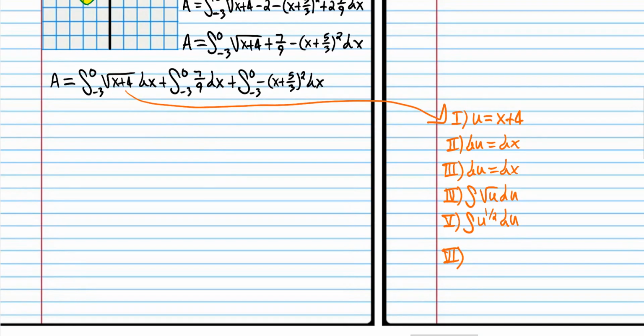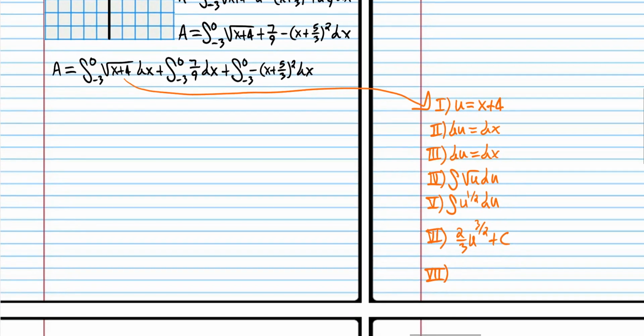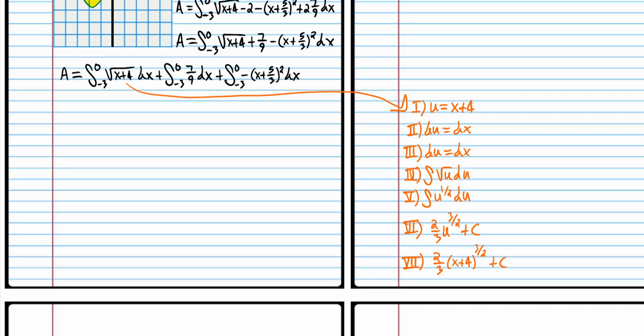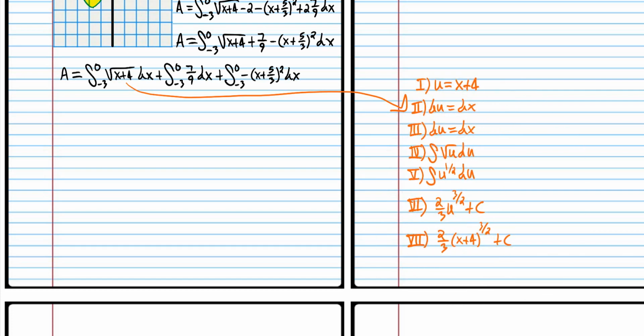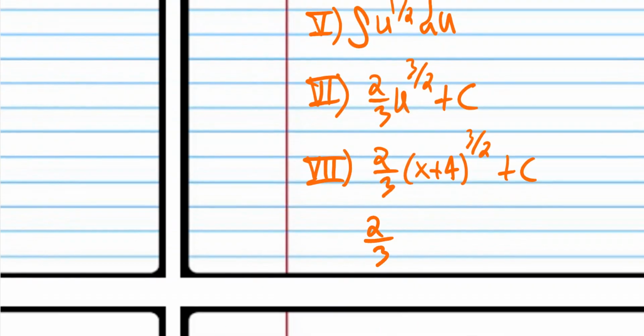So we get 2/3 u to the 3/2 power plus c, and then we're going to plug in u, which is x plus 4 to the 3/2 plus c, and we don't really know how to interpret the expression unless we change to roots. So let's change to roots. So we have 2/3 square root of x plus 4 to the 3rd power plus c.